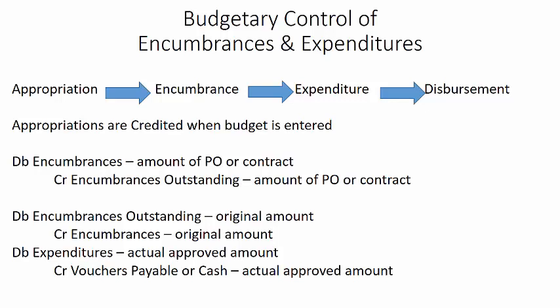Now later, whenever the actual item is received or the service has been performed for us and we've received the invoice, we're going to compare the invoice to the purchase order or the contract details. Something to keep in mind, purchase orders and contracts don't always exactly equal the invoice that comes in. For example, what if a public works department orders 200 feet of pipe at $1 per foot?